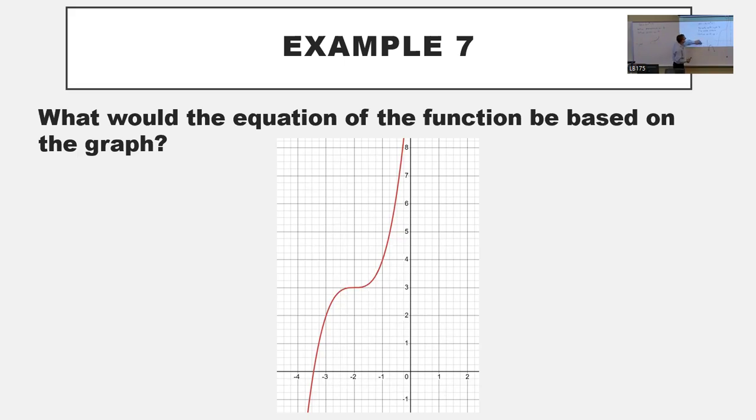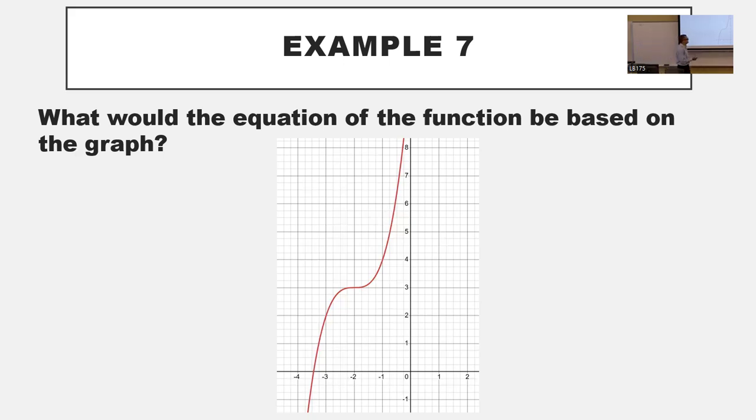Now, on the other side of this, if I know what the graph of a function is, I can say, well, that just looks like a shift of one of my base functions.